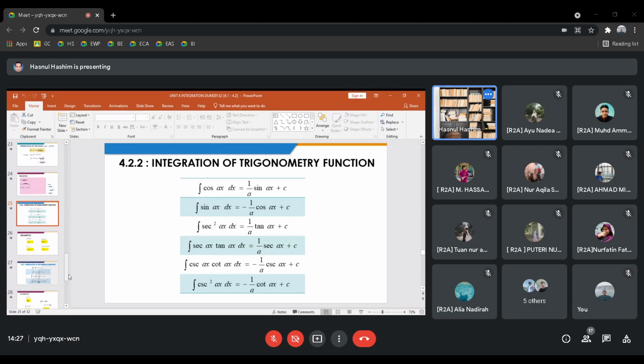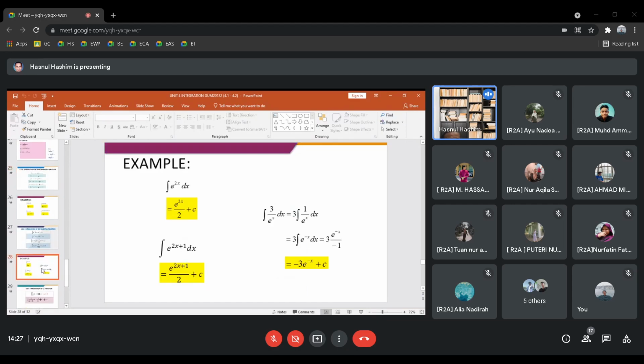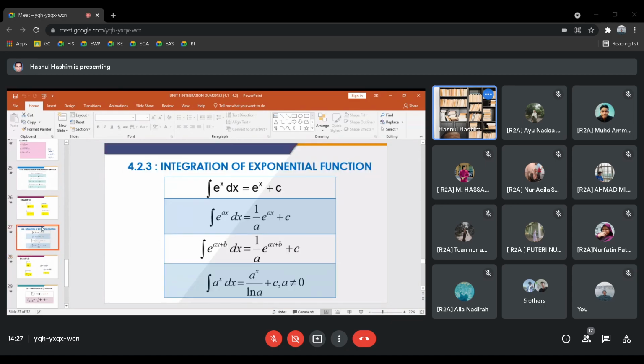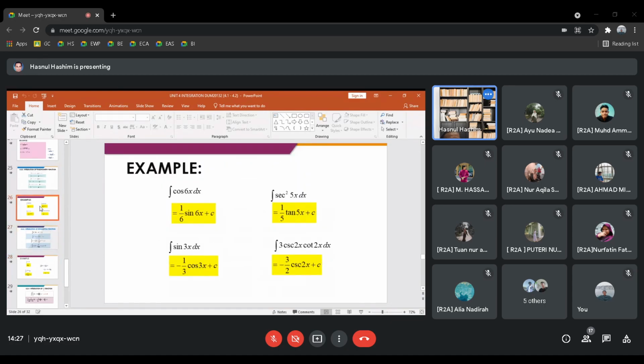Alright. So here, if we integrate e to the power 2x, we have e... okay, sorry. Look at here. Cos 6x, we have 1 over 6 sine 6x. Then secant squared 5x, we have 1 over 5 tangent 5x.